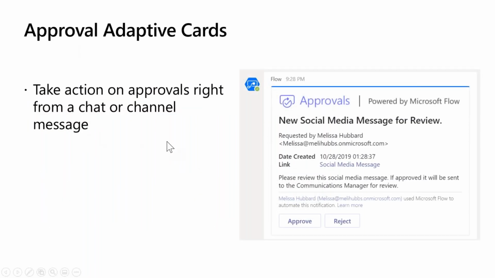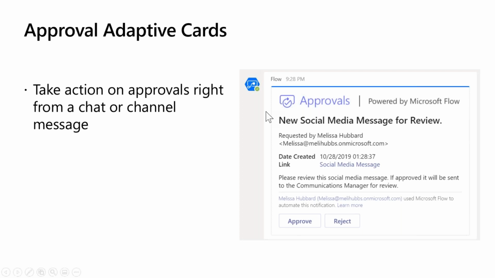So again, I love approvals. It's actually very easy to add an approval adaptive card into Teams. So in the past, approvals would go to Flow or Power Automate flows. Oh my goodness, I'm still not used to saying Power Automate.